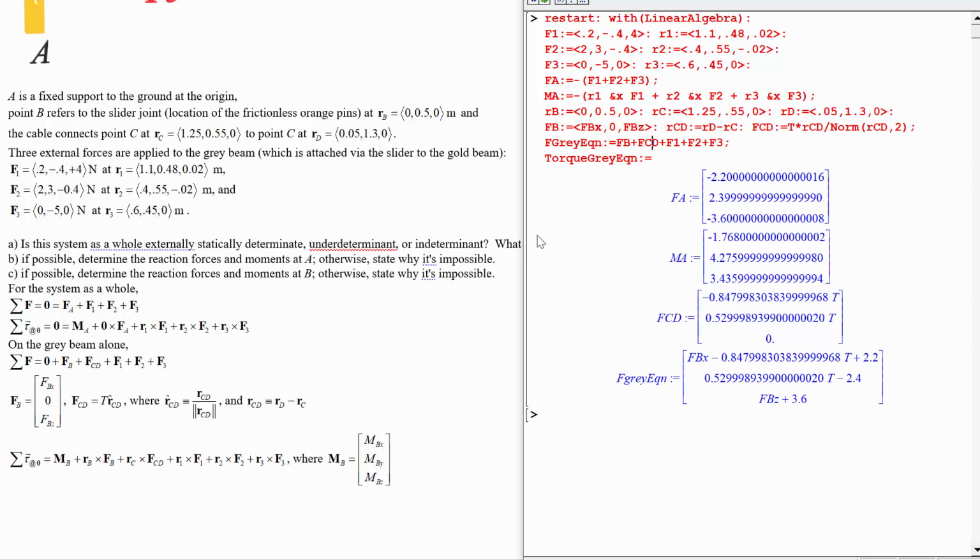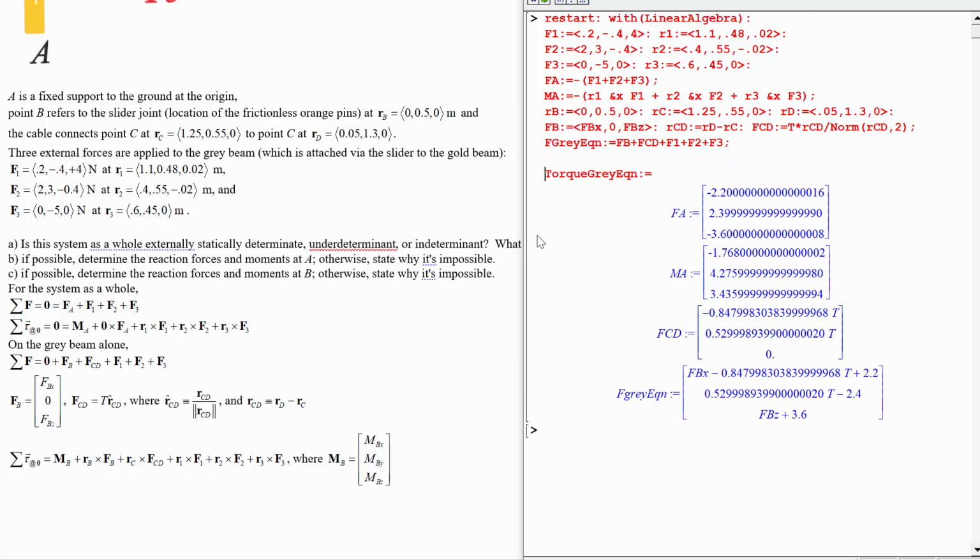Right, so we need actually first to define MB, MBX, MBY, MBZ, and then we'll have torque equation is MB plus RB cross FB. I think you need the space here, otherwise it's going to interpret it as a single variable, but you don't need the space in front because you're not allowed to have an ampersand in your variable name.